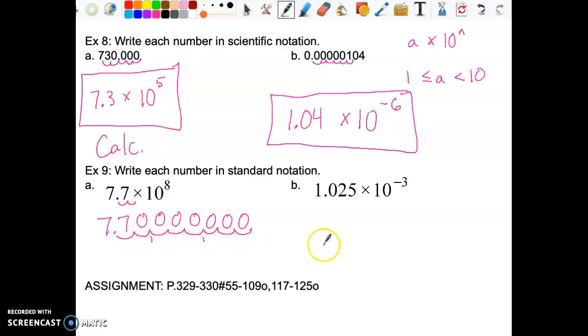So it's 770 million. And then this one's the same thing, except with a negative, we go the other way. 1, 2, 3. That's where your new decimal is. 0.001025. I've also seen students put a 0 in front. You don't have to. And you should be ready for your homework right there.